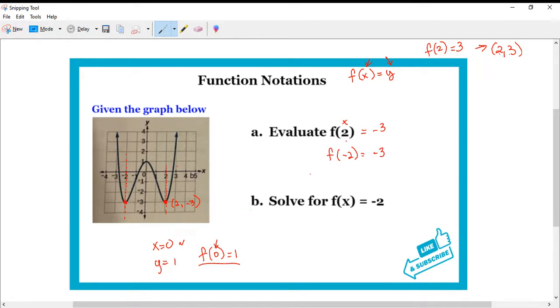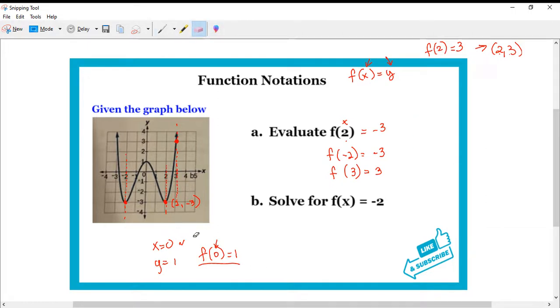Now, what about f of 3? Again, on the x-axis, locate your 3 and then draw a vertical line. You're going down, but the graph is not there, so you have to go up, up, up. This is the intersection point. What is the y there? That's also 3. So these are some examples of f of a number and what is the value of y.